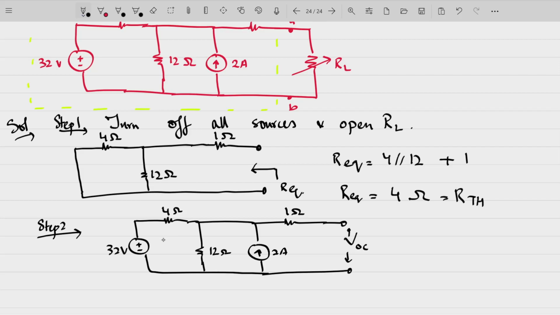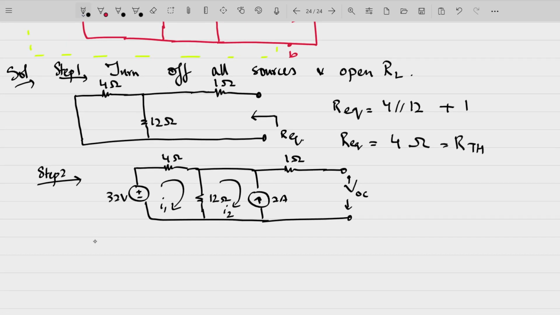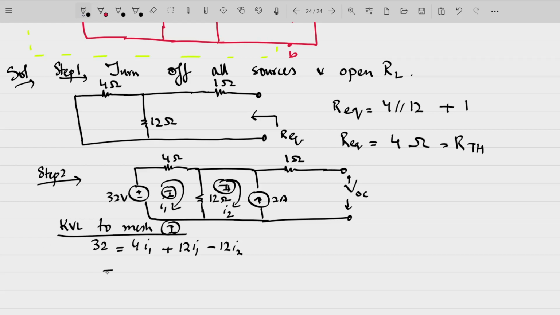So you have actually only two meshes, mesh 1 and mesh 2. Let this current be I1, this current be I2. So by applying KVL in mesh number 1, we have 32 is equal to 4I1 plus 12I1 minus 12I2, which implies 32 is equal to 16I1 minus 12I2.